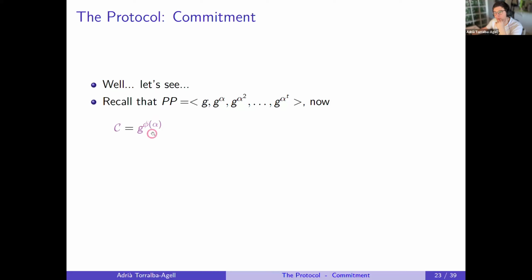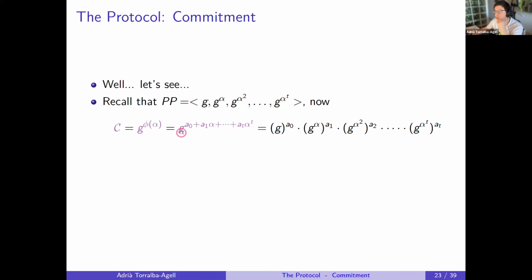And if we express that in the standard basis, this is nothing else than g to the a0 plus a1 times alpha plus a2 times alpha squared, up to at times alpha to the t, right? And we can rearrange that in this way.